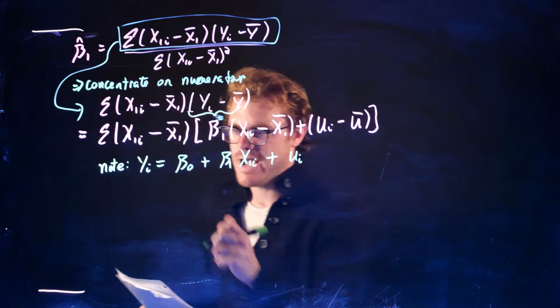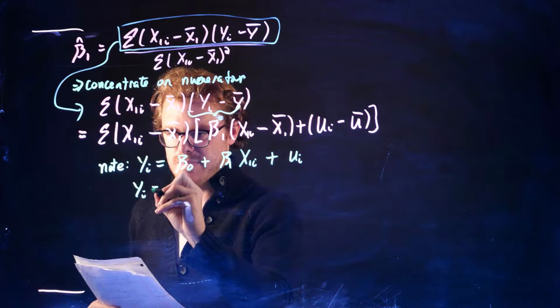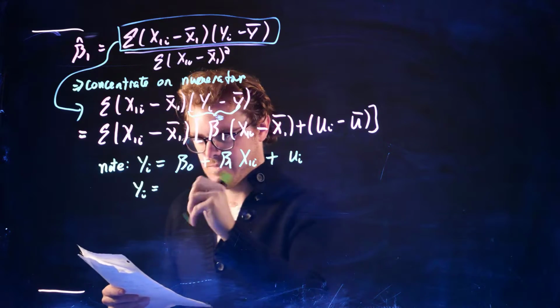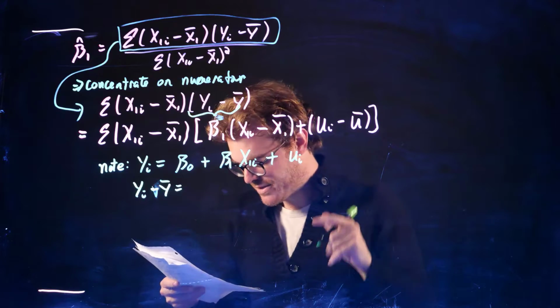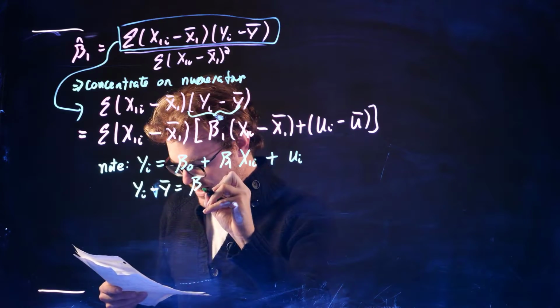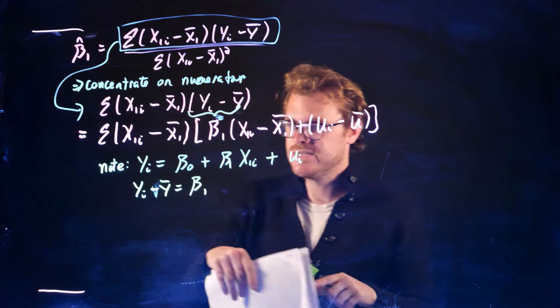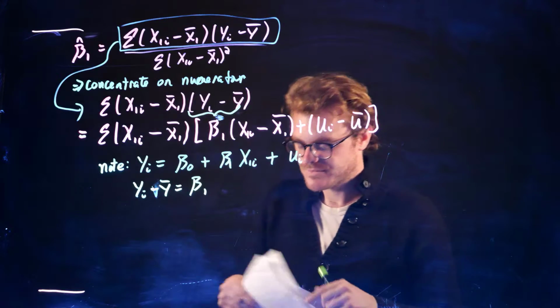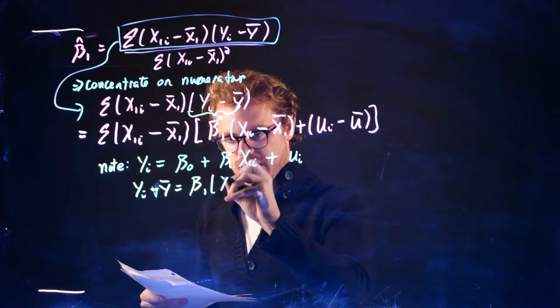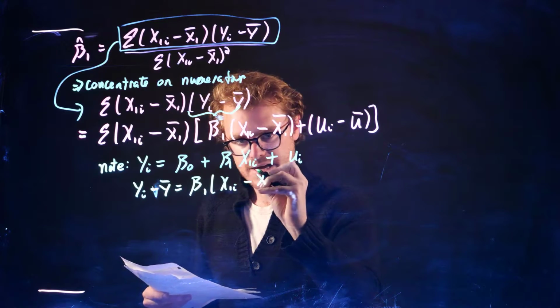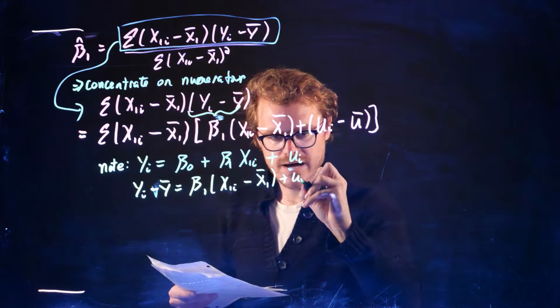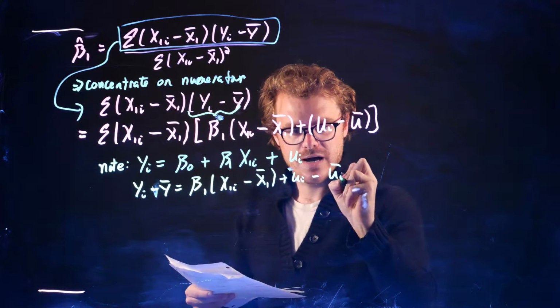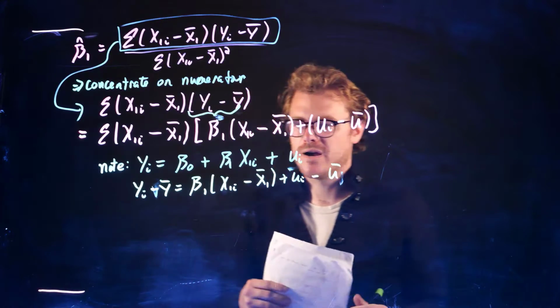Well, we can also subtract the mean of these. And remember, we can think of the regression passing through the mean point. So these beta zeros are going to cancel out, leaving beta 1 times x1i minus x1 bar, plus ui minus u bar. Oops, I don't need an i on the bar.